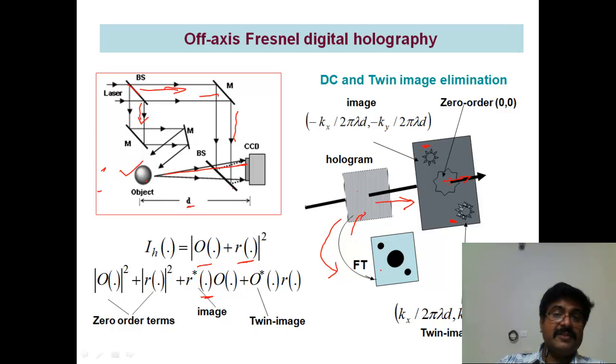But in off-axis holography, you can separate out the terms, and by Fourier processing you can filter off the terms. So these are the different types of holography and processing. And there are several other algorithms you can utilize for improving the results.